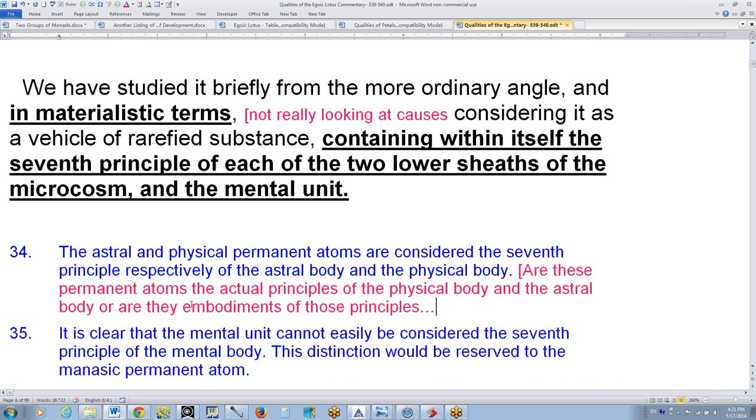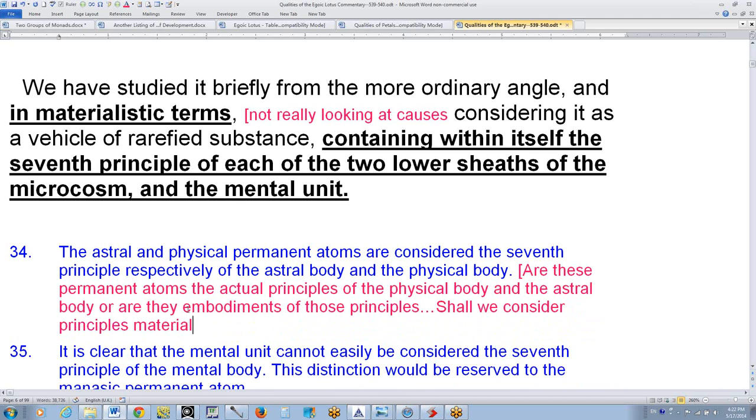It depends on whether we shall consider principles material. And in a way, I do not consider principles to be material, but kind of modes of motion, modes of apprehension, modes of consciousness.